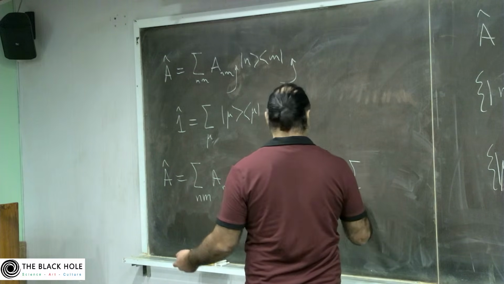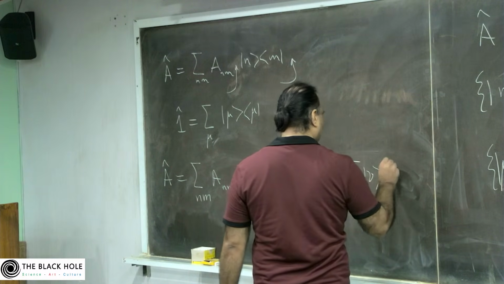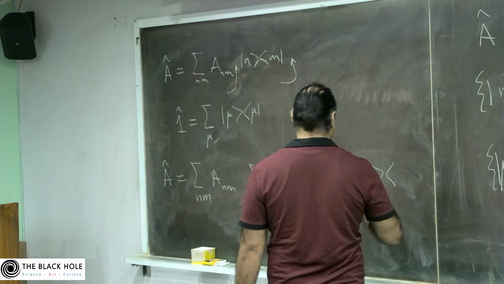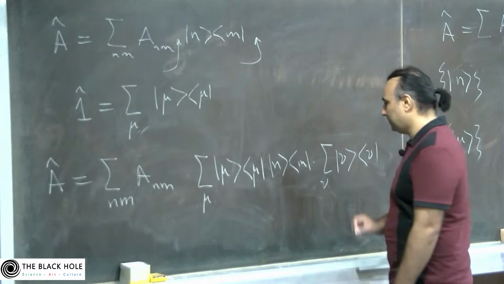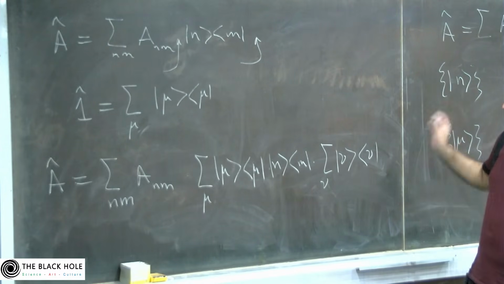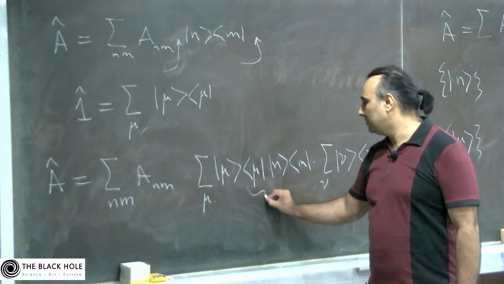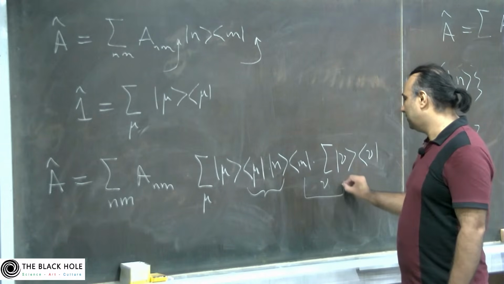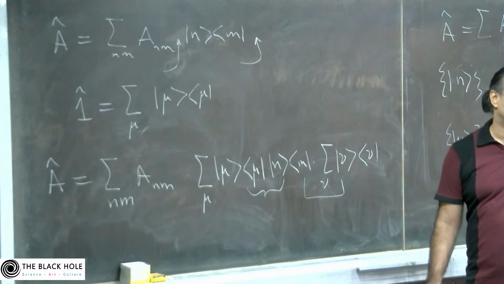Another, in terms of nu, we need to use a different index here. Now, similar to what we have done earlier, this is an inner product, this is an inner product.